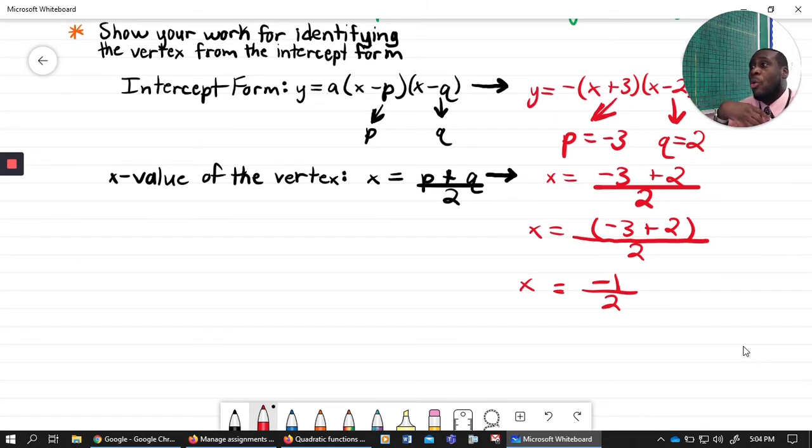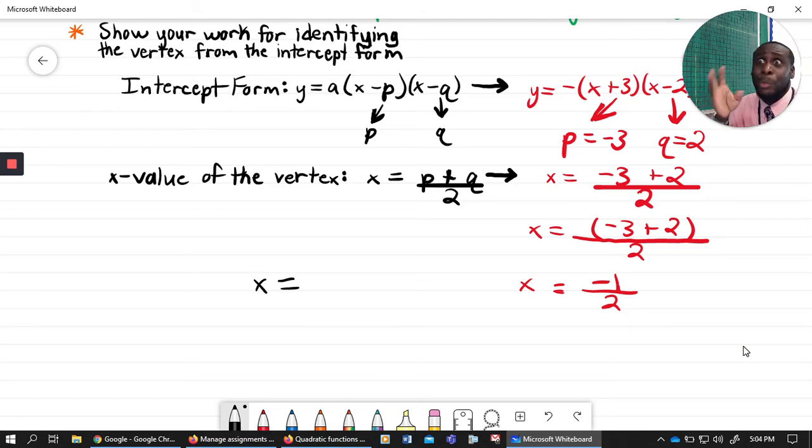From there, guys, you are definitely going to need to take that x value of the vertex, and you're going to want to evaluate your function using that x value to find the y value of the vertex. And you should know what I mean when I say evaluate the function using that x value.